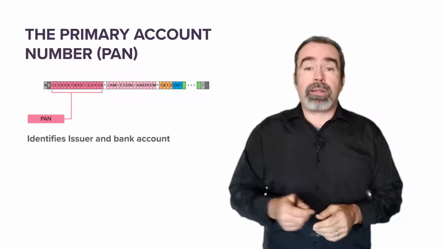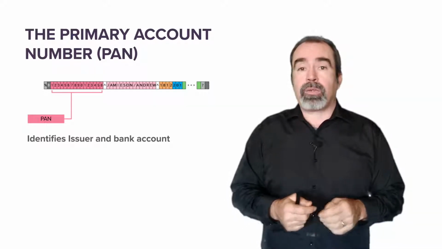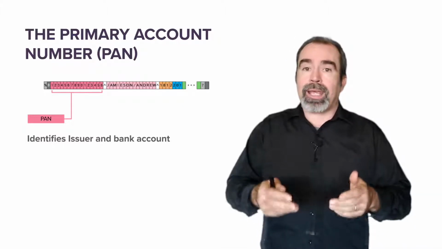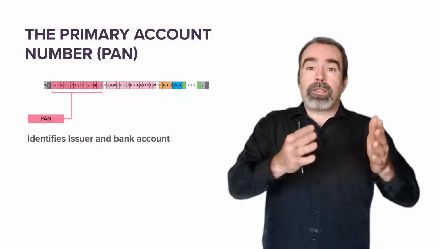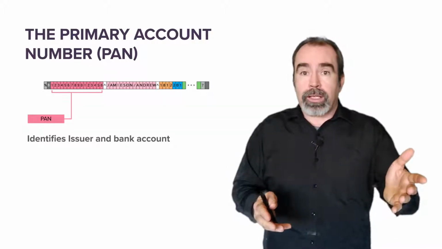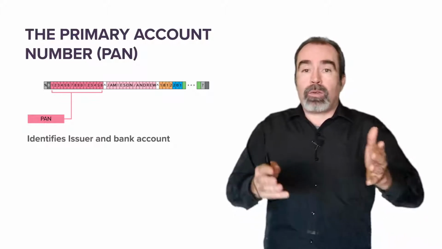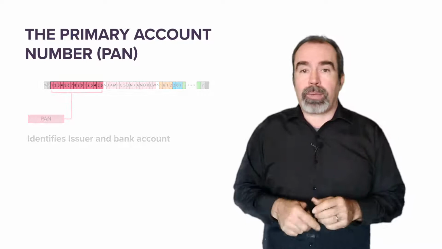Now, I've mentioned the PAN is the most important item for the processing of payments because it is your primary account number. It is the number for the cardholder to indicate where their account is, which issuer has provided that card, and which bank account within the issuer is the cardholder's bank account.